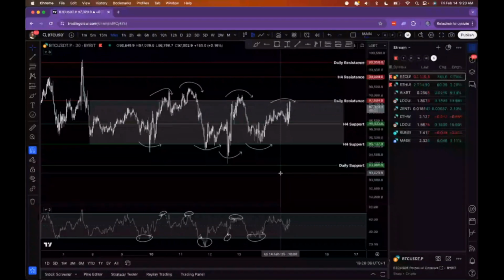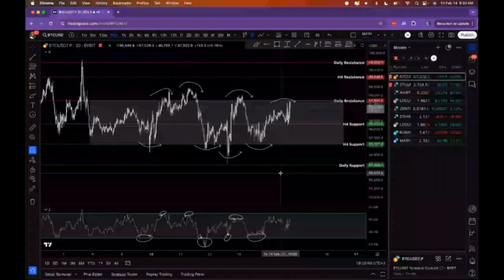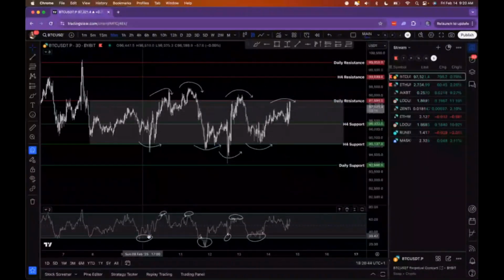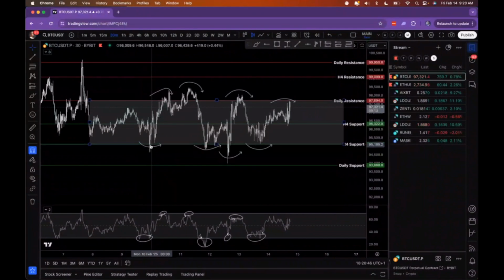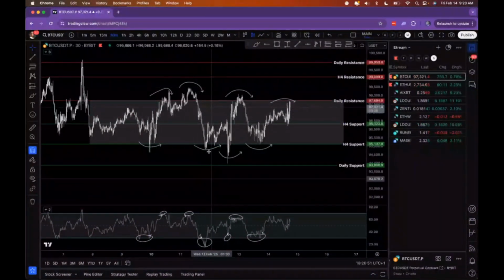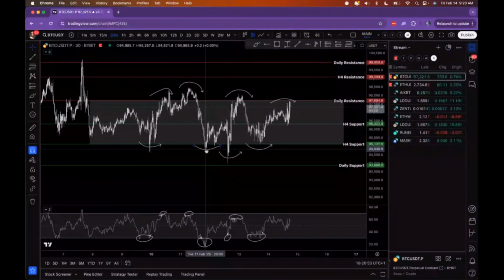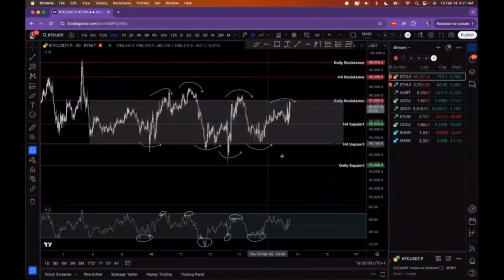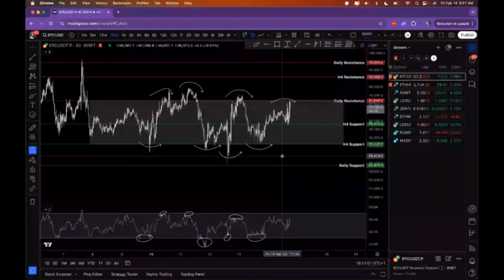And this is a beautiful indication for you guys, just to add additional confluence when you're trying to draw your range out: look where the RSI is bottoming out. You bottom out here, you top out at the top of RSI, top out at the top of RSI, super oversold into this one, oversold just about into this one, not quite, oversold into this one. So that's just another piece of alpha for you guys to identify the ranges.